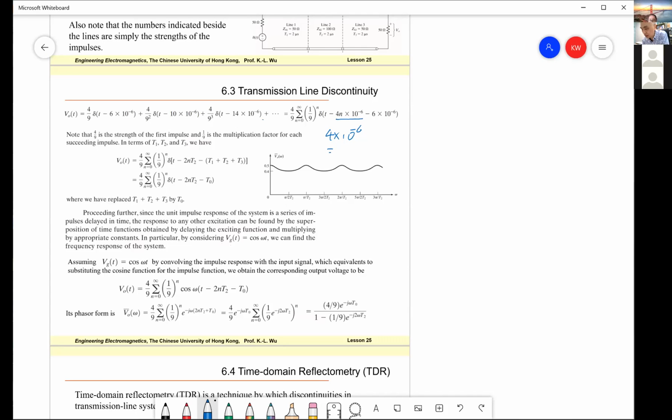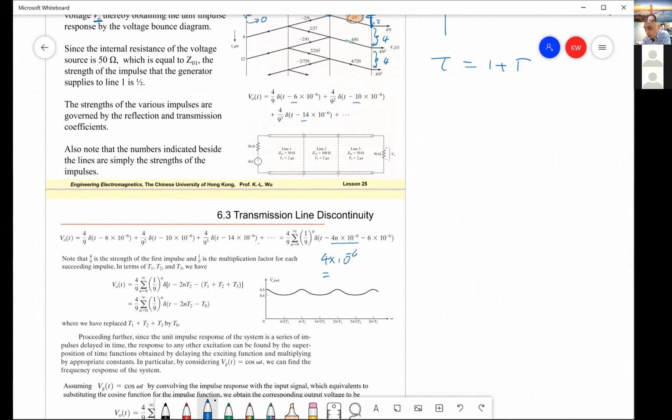Basically, what that means is if we assume the time in this section is t1, this section is t2, this section is t3. So this 4 basically is 2 times t2, right? Because this is 2 microseconds, right?